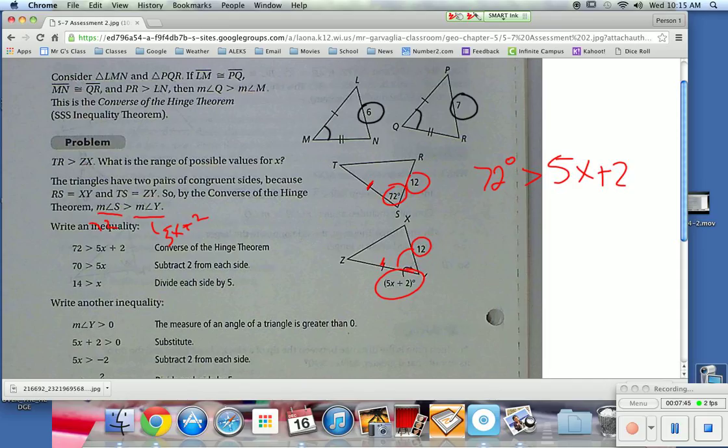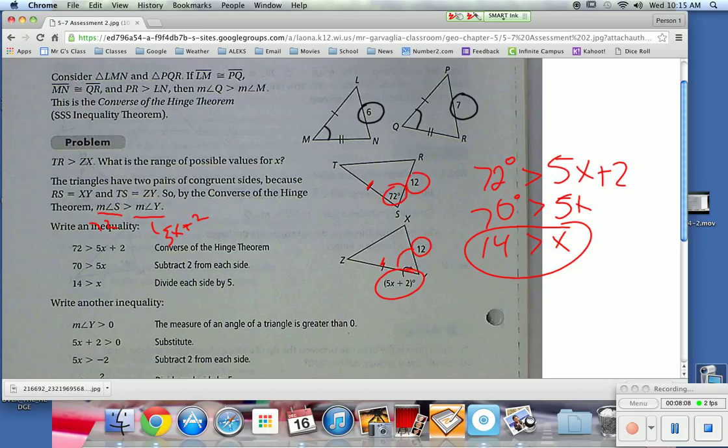We set that up and solve to find out what x is. 70 degrees is greater than 5x. Divide that through, 14 is greater than x. We know what our x is based off that.